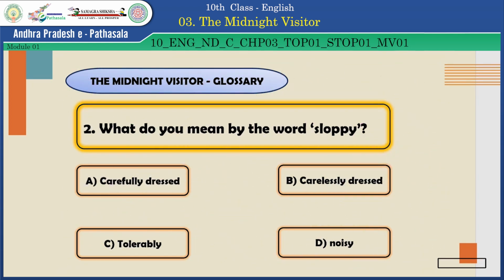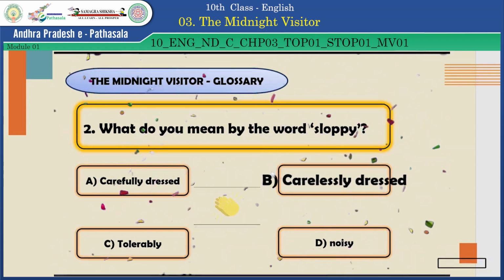What do you mean by the word sloppy? A. Carefully dressed, B. Carelessly dressed, C. Tolerably, and D. Noisy. You are magnificent. The correct answer is B.